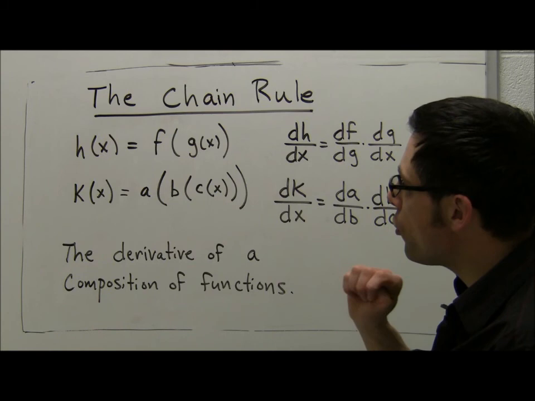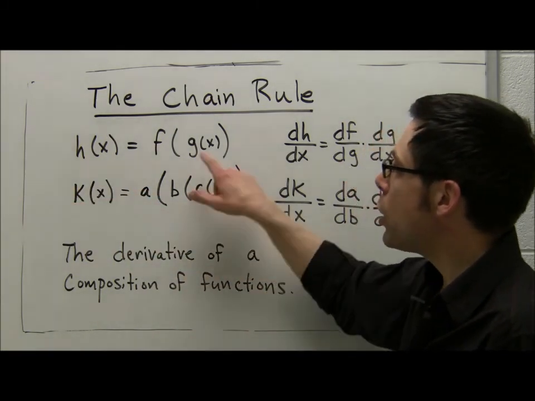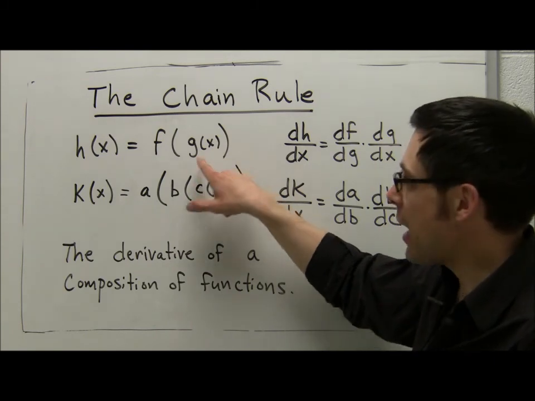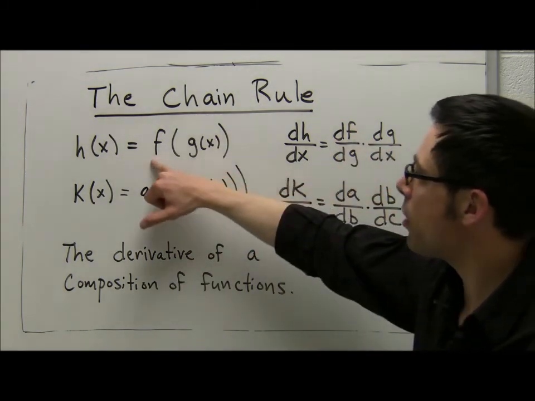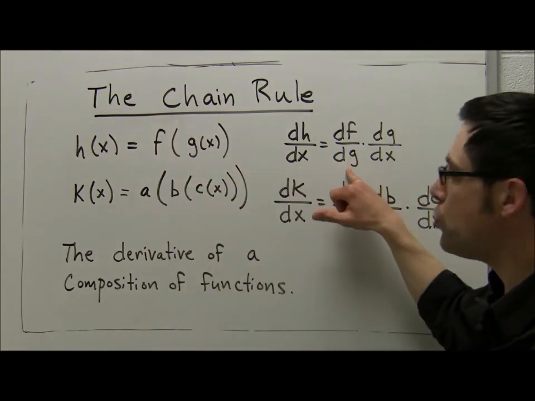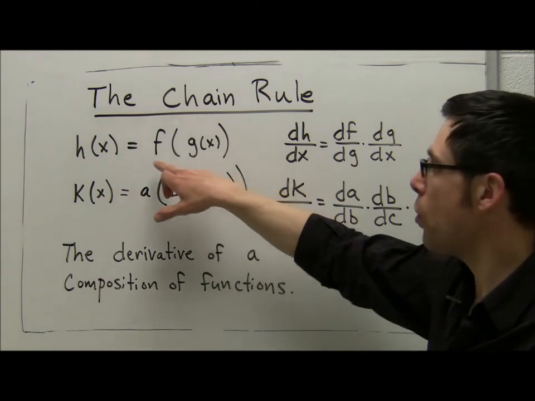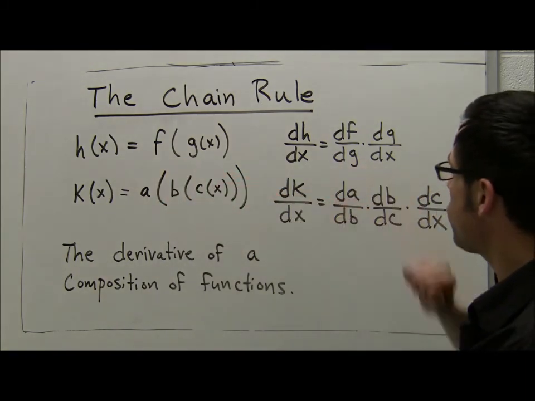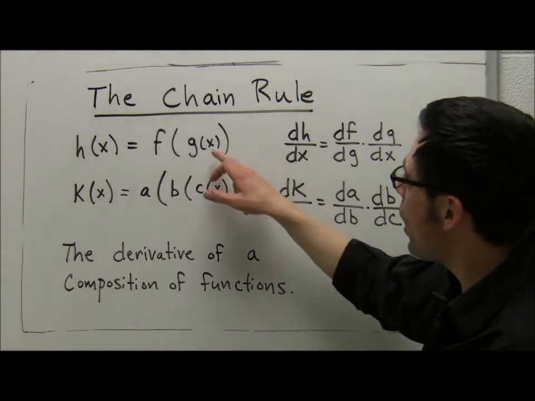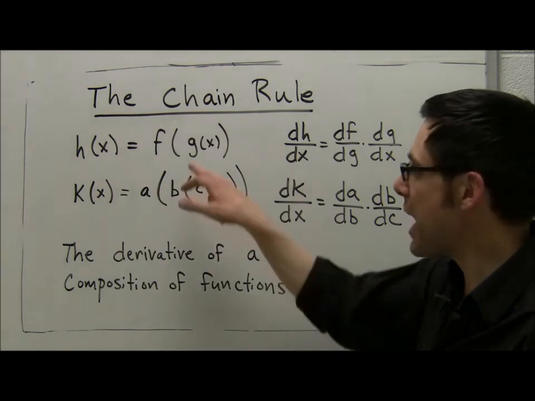And so if I want to know the rate of change of the function h with respect to g's input, I have to find the rate of change of f, the outside part of this function, with respect to g. G is f's input. Okay, so I have to go from f to f's input, which is g, and I have to multiply that by the way that g changes with respect to its input, which is x.